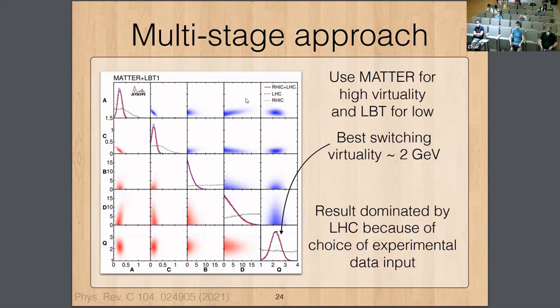In our case, it's mainly because of the kinematic range we use to feed into the analysis. So in this first iteration, we only use the higher energy points, and there's not much for RHIC there. And that's the main reason here. But in future analysis, we can try to expand it, and we should start to see some difference.